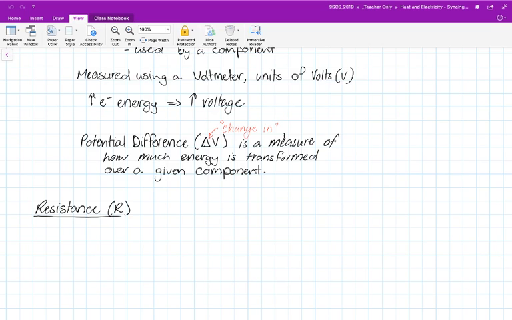So the resistance is a result of atoms in the wire restricting electron movement.